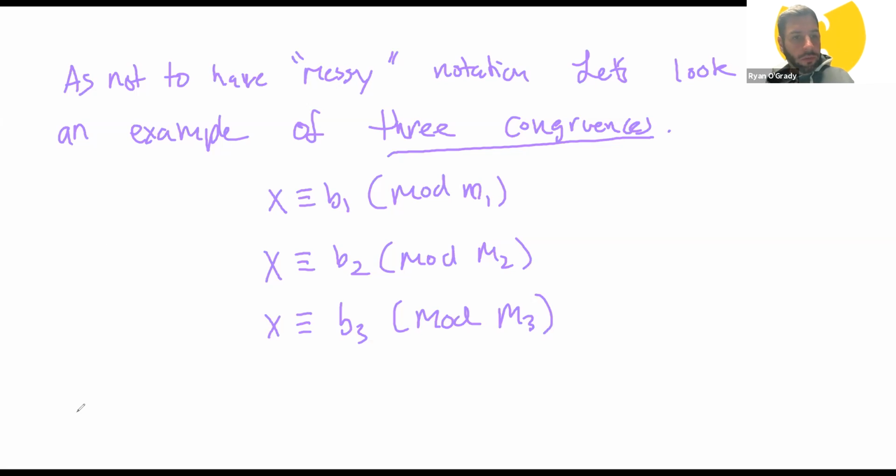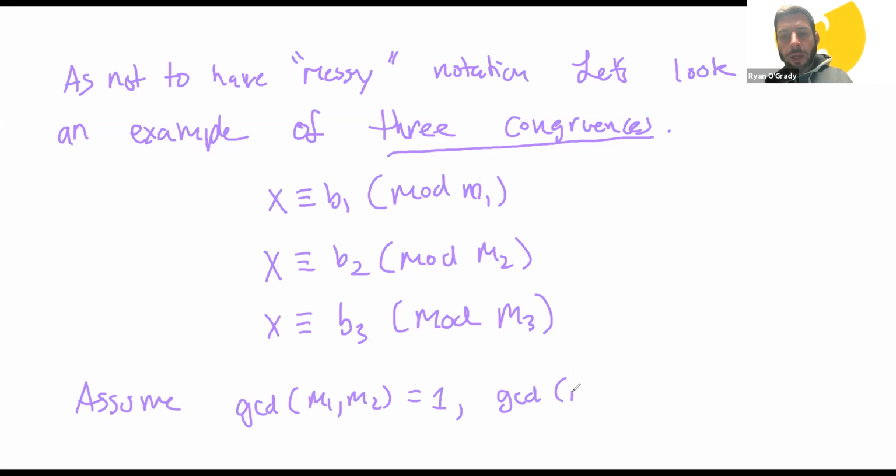So what we're going to do is you assume the GCD of M1 and M2 is 1. You assume the GCD of M1 and M3 is 1. This is what pairwise relatively prime means. And you assume that the GCD of M2 and M sub 3 is equal to 1.